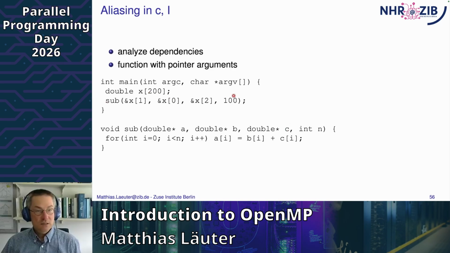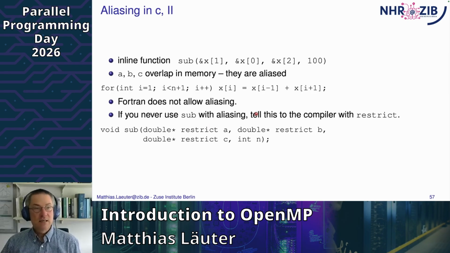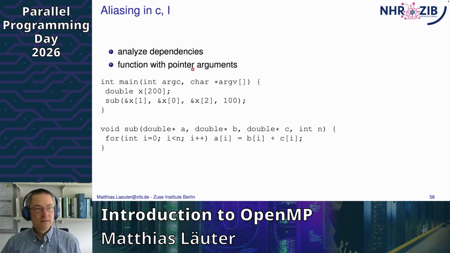If you look into this call, this whole issue is located almost on the same space in memory, because A is x of 1, starts at this point, B starts at that point, and C starts at that point. So finally, if you write it down on paper, you see that in the end it's a Gauss iteration. So it is not possible to parallelize. You know that already. So this seems to be a good code to parallelize, but in fact you cannot. And that's why you need to be really aware of aliasing, that arrays do not overlap.